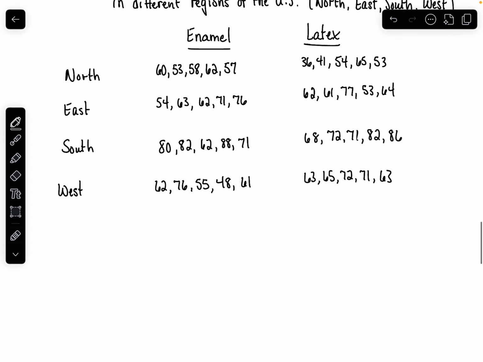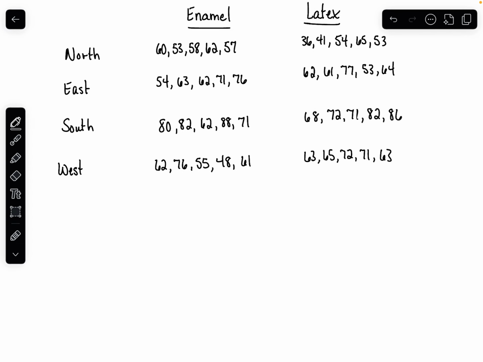Now, before we run off and start doing other stuff, we have to lay out our hypotheses. We also need to establish a value of alpha.